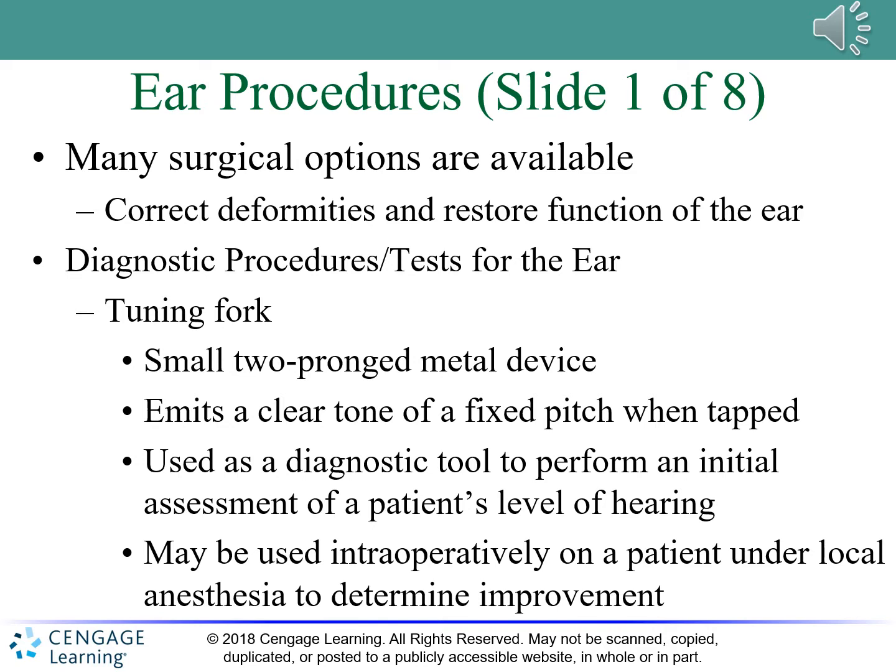They do not have a picture of the tuning fork, but I will show you what that looks like in class. Audiometry is a more sophisticated method of testing a patient's hearing. And then in the second column, the otoscope is a handheld lighted instrument used to view the external auditory canal. You can see a picture of an otoscope at the bottom right in Figure 17.1.